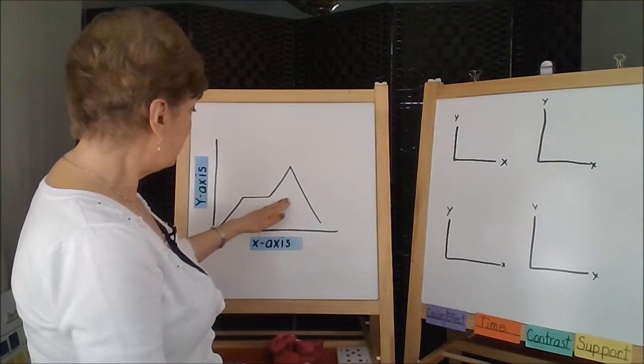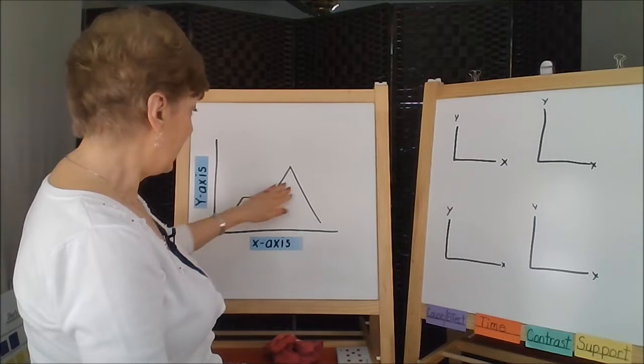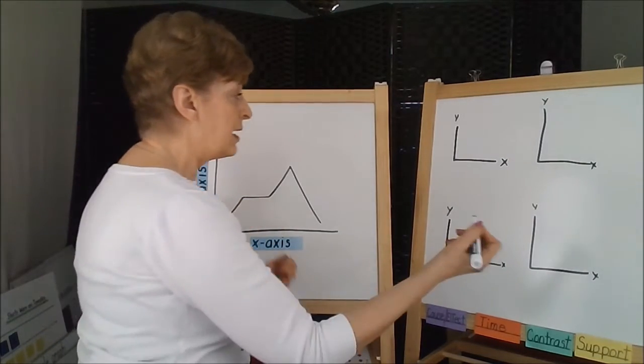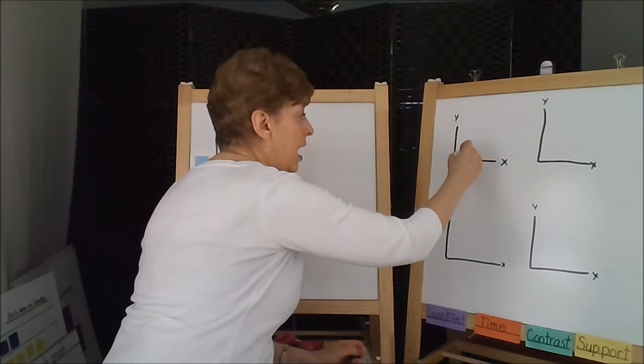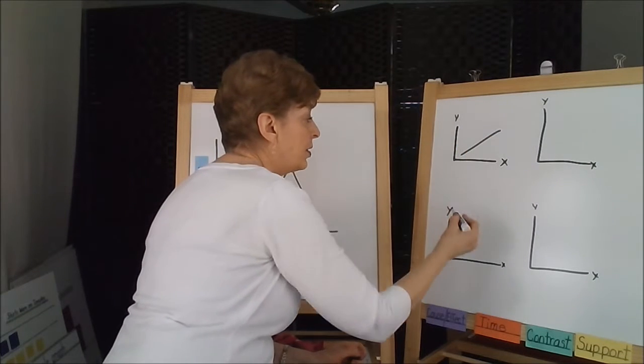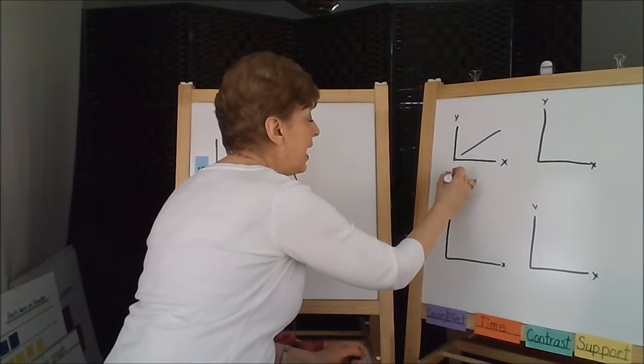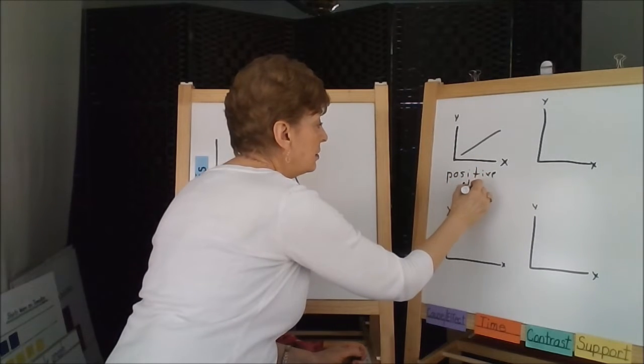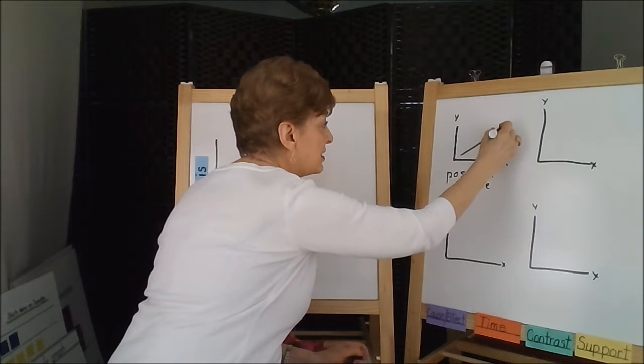The lines themselves are going up and down and sideways. When a line on a graph goes upward, we call that a positive slope. There's a positive slope to this line.